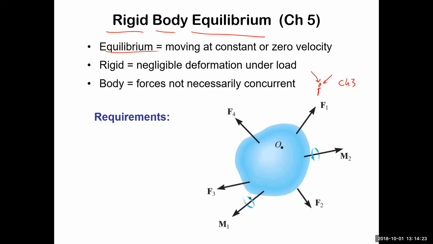Two forces equal and opposite, right? And what direction would those forces be in? Or what plane would they be in? Well, they'd be in a plane normal to the moment vector, right? So you could have a force like this and a force like that. You know, this could be F2A, F2B, separated by some distance d. When you multiply F2A times d, you get M2, the magnitude, right, in that direction.